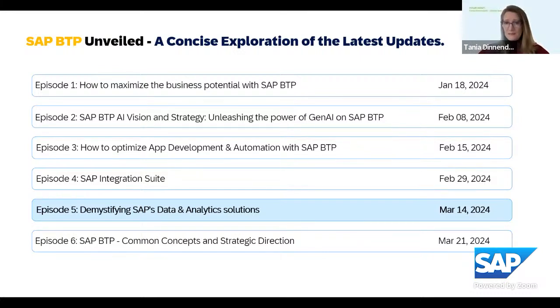Today we have Demystifying SAP's Data and Analytics Solutions, followed next week by the session Common Concepts and Strategic Direction, which is really a roundup of SAP BTP, sharing insights into the entire services offered on the BTP, and of course, licensing topics, etc. So really worthwhile to look into that as well.